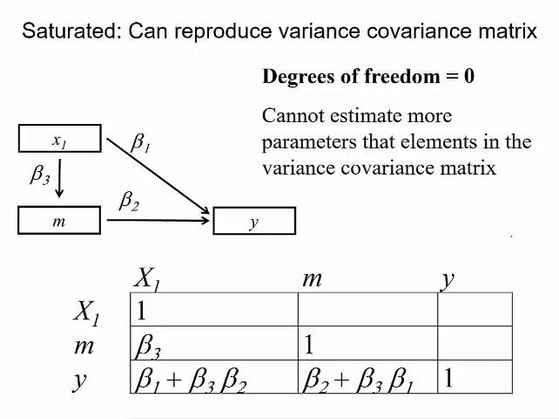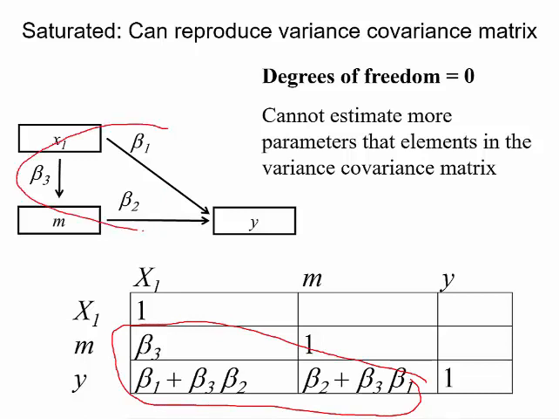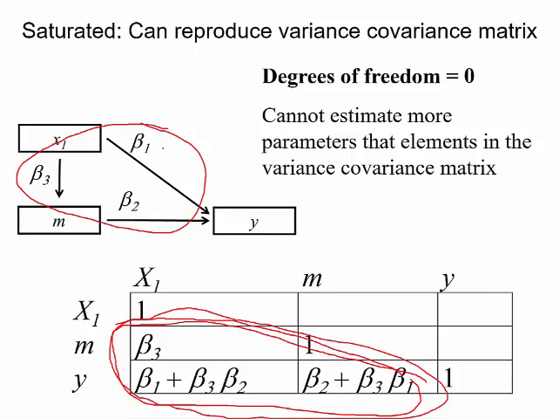We're going to look at the relationship between the number of elements that you have in your variance-covariance matrix and the number of parameters that you're estimating in your model. In the example we've been looking at, we've had 3 covariances in our variance-covariance matrix, and we have 3 beta weights in our model.